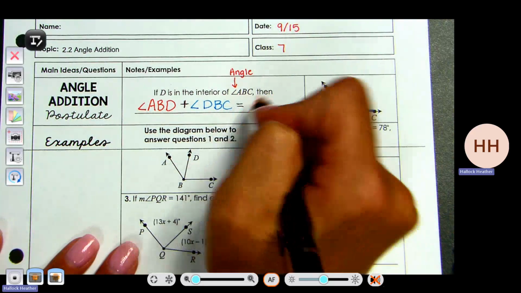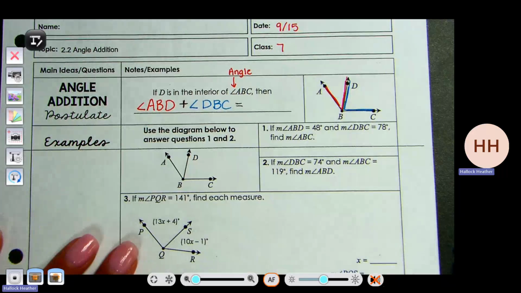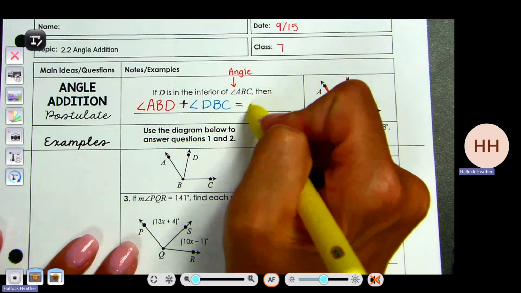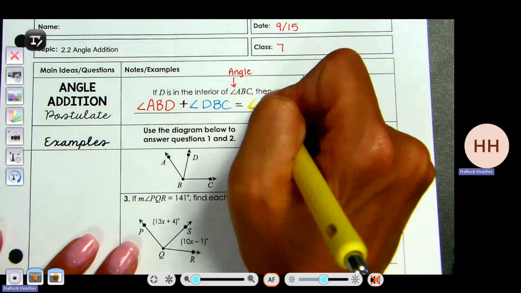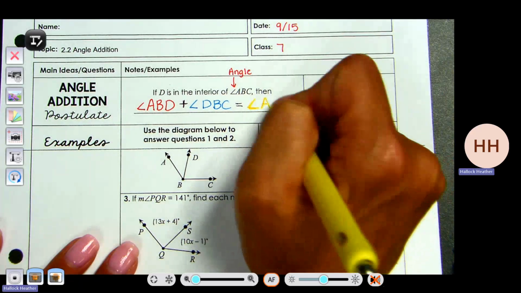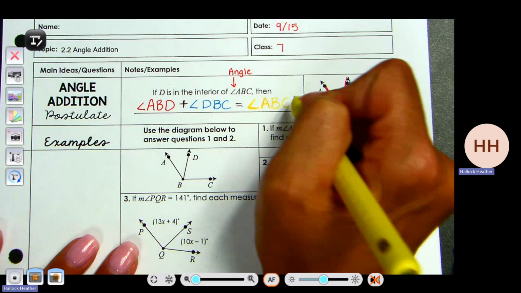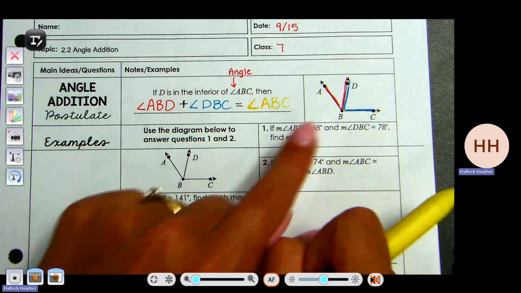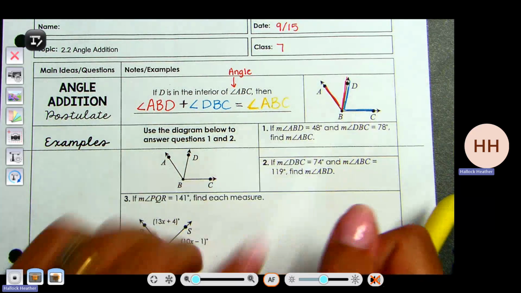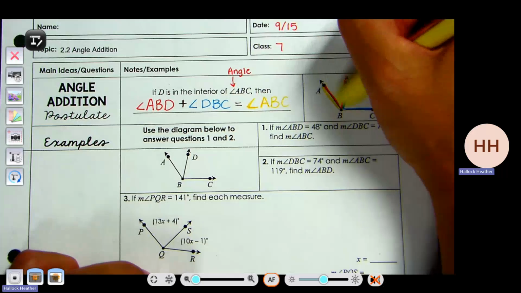If I take those angles and I add them together, what angle would it make? ABC. So technically it's just the outside letters. And that's why it's a little weird, because we did not do the vocabulary yet. But you're basically taking these ones, adding these ones, and it's equal to the whole thing on the outside.